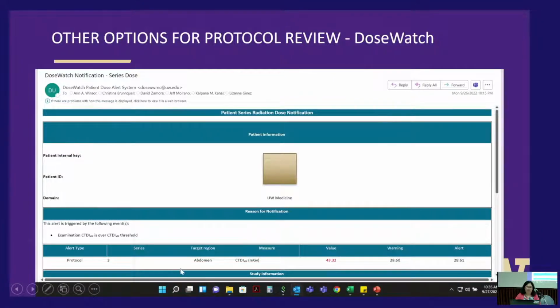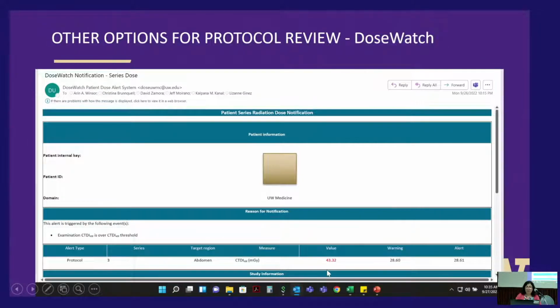So what this is telling me, for this patient, abdomen, the CTDIvol was 43, when typically the CTDIvol is somewhere around 28. GE is a little weird in how you put the alerts, but you have to at least have it a little different, so you have two different levels between warning and an alert level.